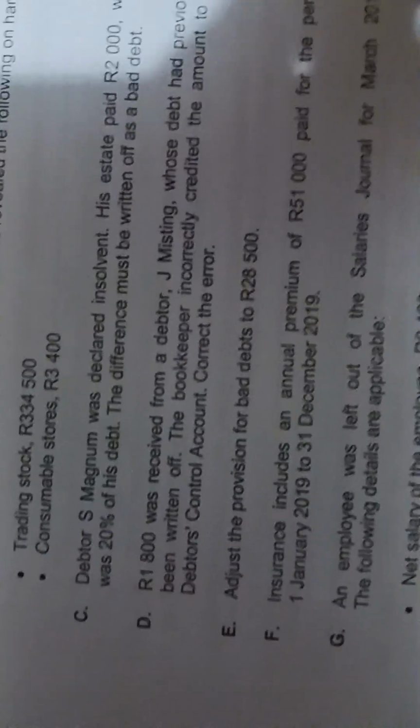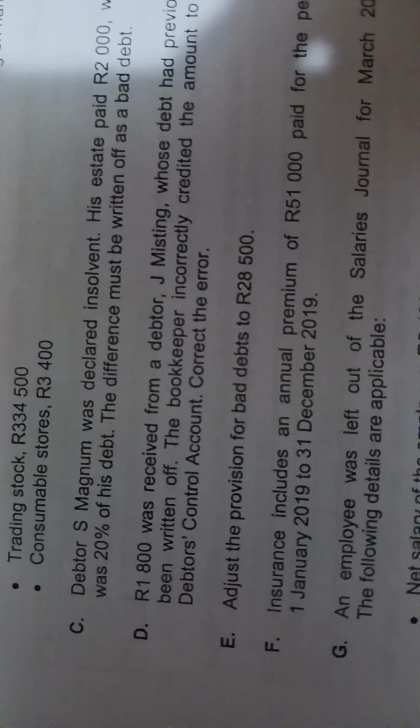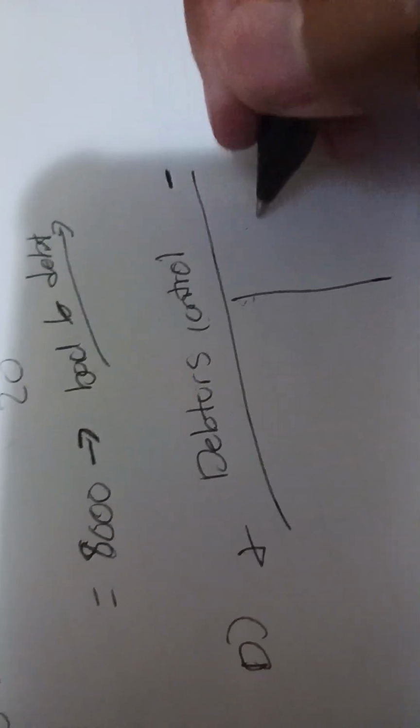Now, that 1,800 Rand, when you credit it to the debtors control account, now, analyzing information D, we have your debtors control. All right. This is an asset, increases on this side, decreases on that side. It was credited, so it was decreased by 1,800 Rand. So you have to actually cancel this.